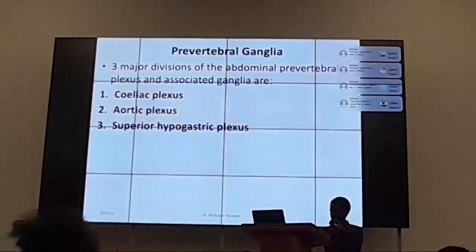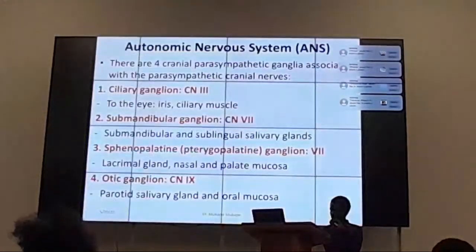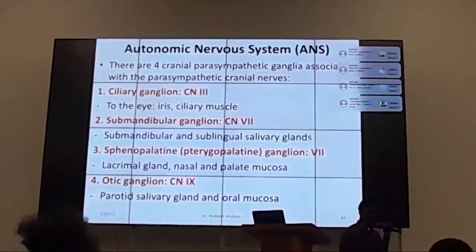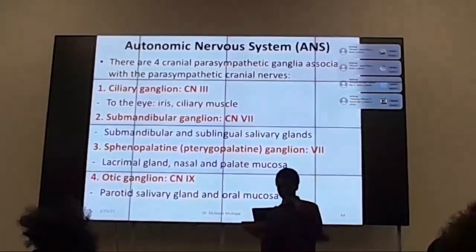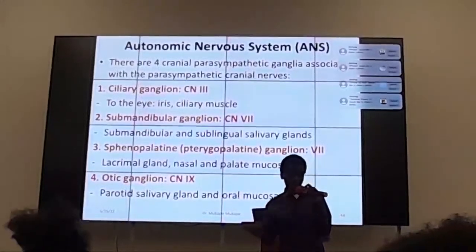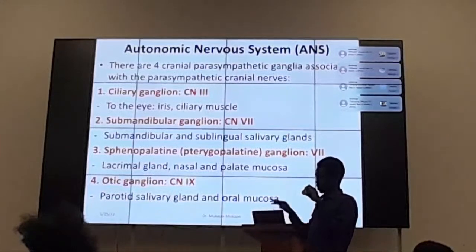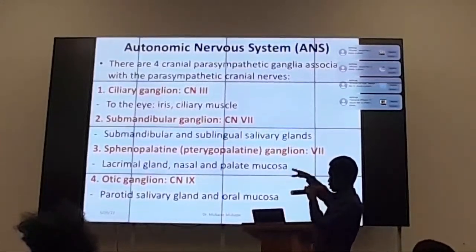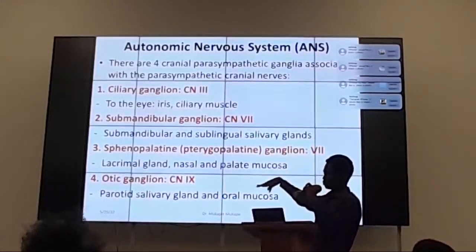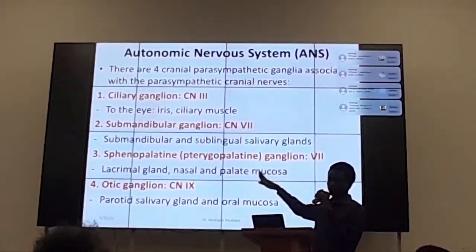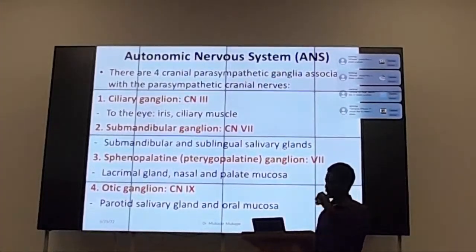We have specific parasympathetic ganglia, peripheral ganglia, which are parasympathetic, not sympathetic. Sympathetic is that chain, but for parasympathetic, we have 4 ganglia. We can see the names: ciliary ganglion, the otic ganglion, the submandibular ganglion, and the sphenopalatine ganglion.